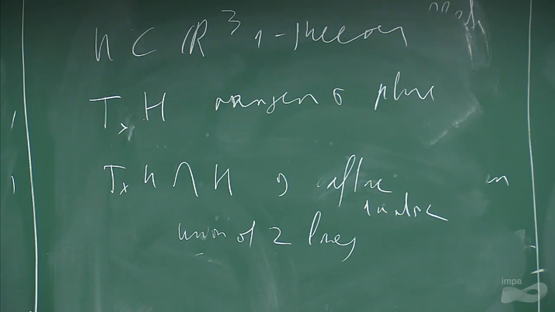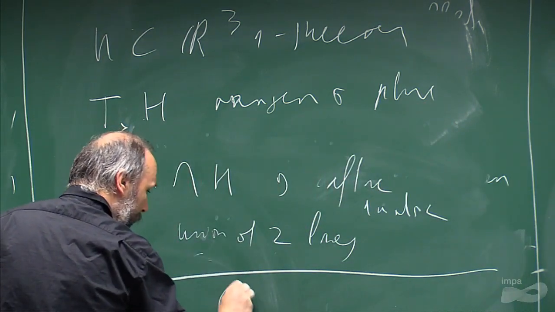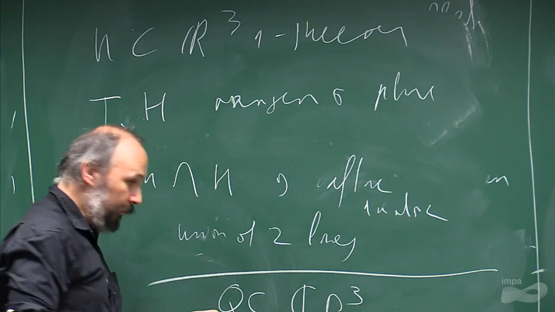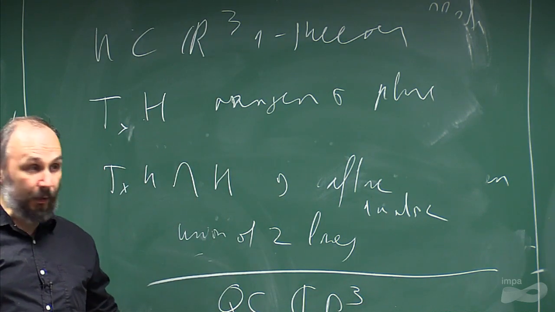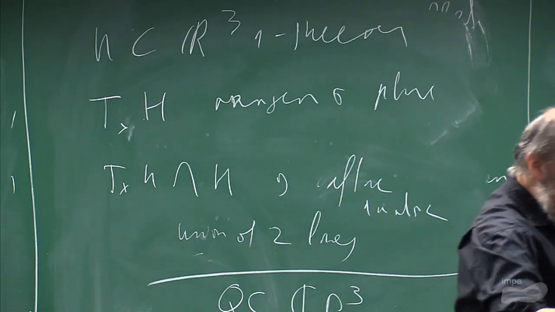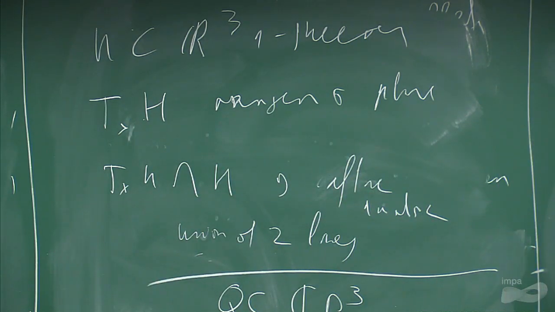In fact, the same happens over complex numbers. You just can't draw a picture. Over complex numbers, you have a quadric inside CP3. You take its tangent plane and intersect this tangent plane with the quadric, and you obtain a quadric in smaller dimension.